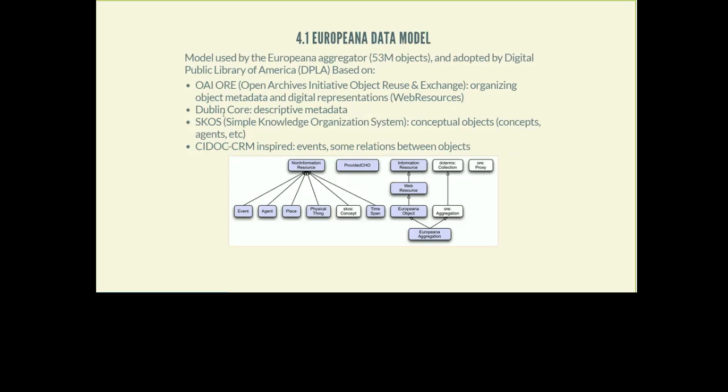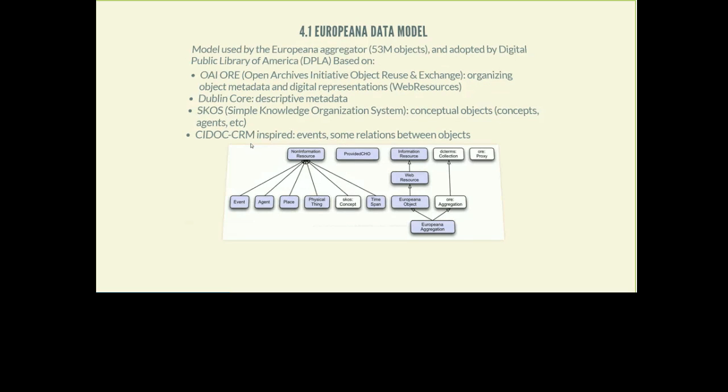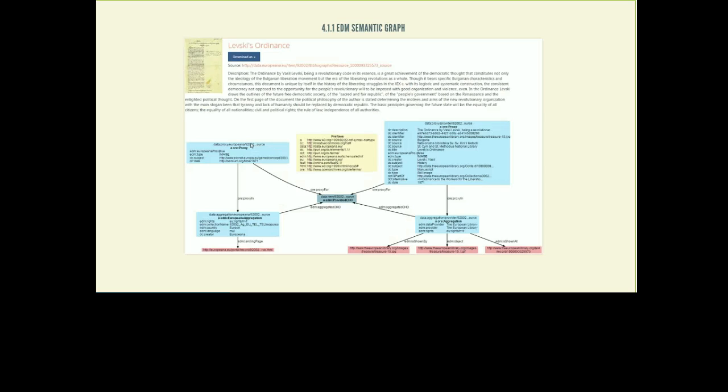So it has things like creator, publisher, extent for measurements of the object, and so on. It also uses SKOS to capture things like concepts or agents, the name of an agent. And it does have events that are inspired from CIDOC CRM, which I'll talk about a lot later on. But events are still not really represented.